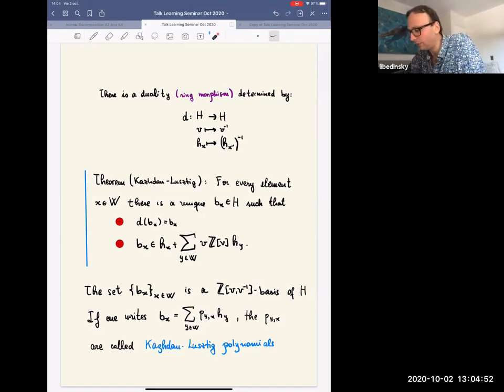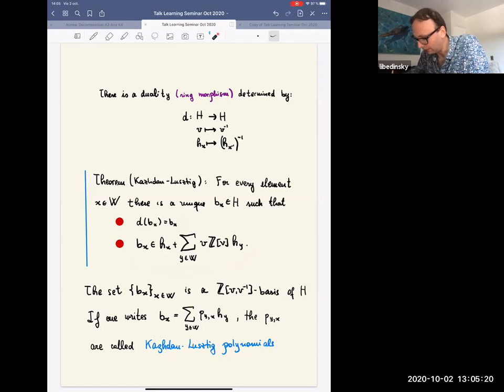This determines a ring morphism, it's a duality. The big foundational theorem of Kazhdan-Lusztig in '79 is that for every element x in W, there is a unique element b_x, which they call C prime x, in the Hecke algebra, such that it is self-dual, and you can write it in this form.